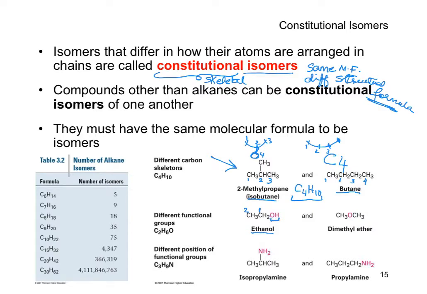Your OH is coming off of the first carbon, and we are comparing it to dimethyl ether, which is CH3OCH3. So just by the look of it, ethanol, 2 carbon unit, OH coming off of it, we talked about that in class as well. You have a functionality which is the alcohol, and the moment you see an OH, what is that one phrase that should come to your mind?